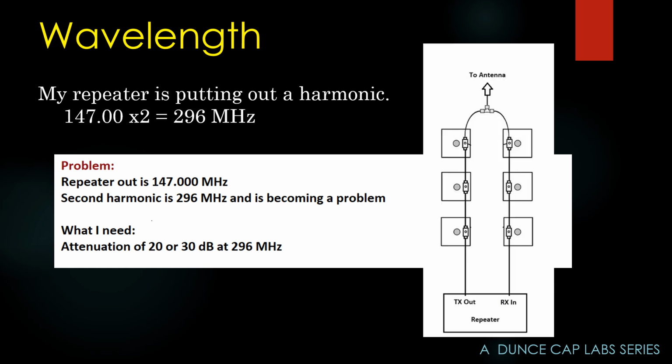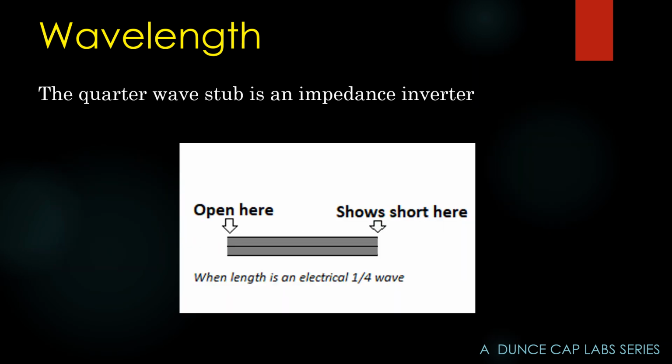Well, here's my repeater. I've got my duplexer set up. I've got the repeater itself. I've got the feed line going to the antenna. What can I do here to null out that 296 megahertz signal? Well, there is a little trick you can use. The quarter wave coaxial stub is an impedance inverter.